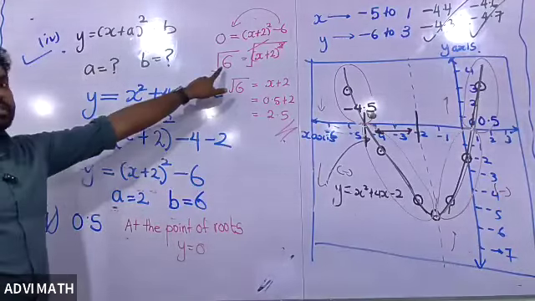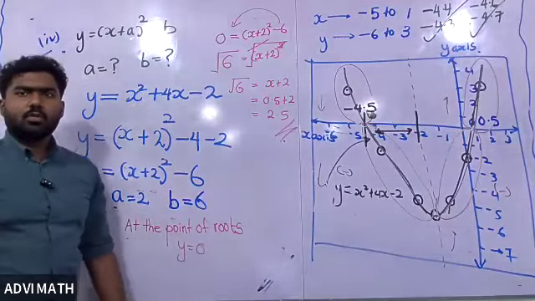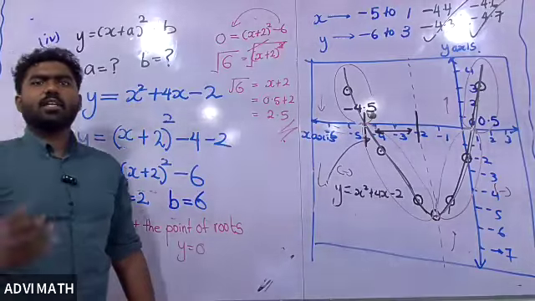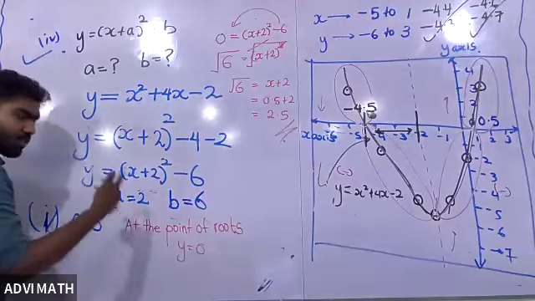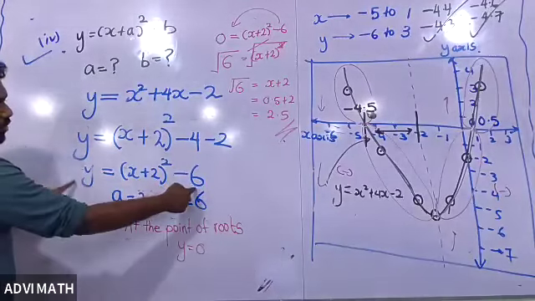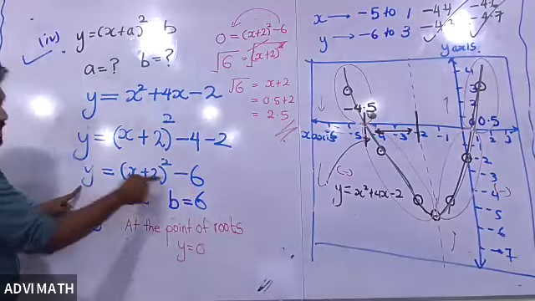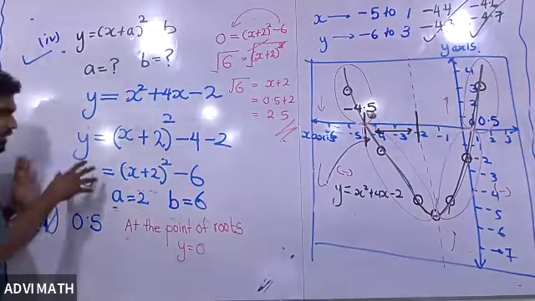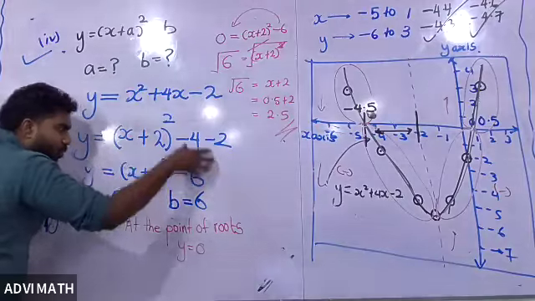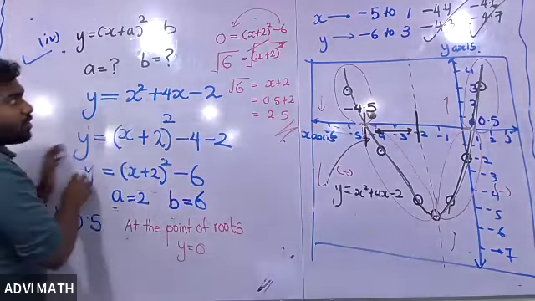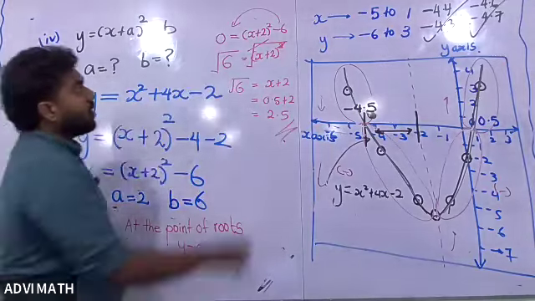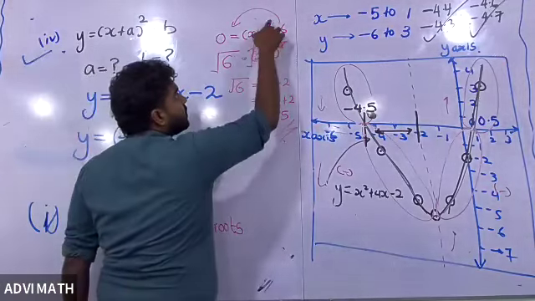They will give you a root: root 2, root 5, root 10. Find the value of root 10. Even if you don't remember this, it doesn't matter. You have the equation you found. Put 0 for y. Bring the minus 6 across and it becomes plus 6. On the other side I have (x plus 2) whole thing squared.